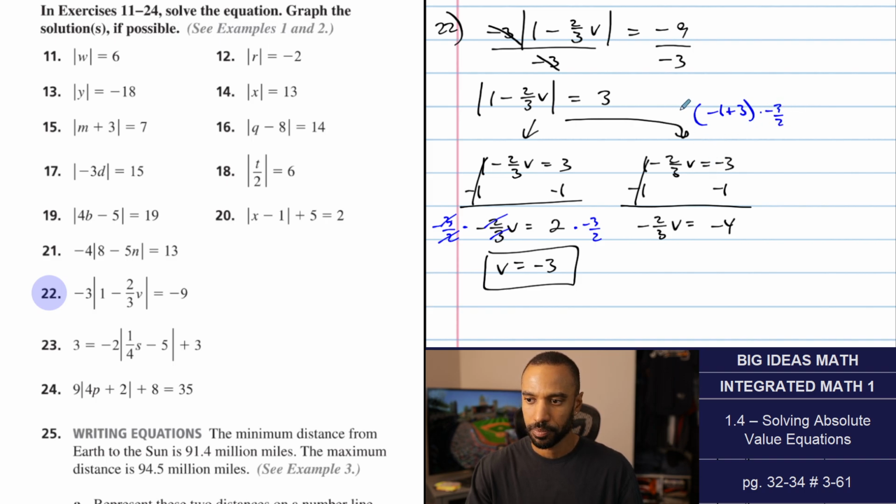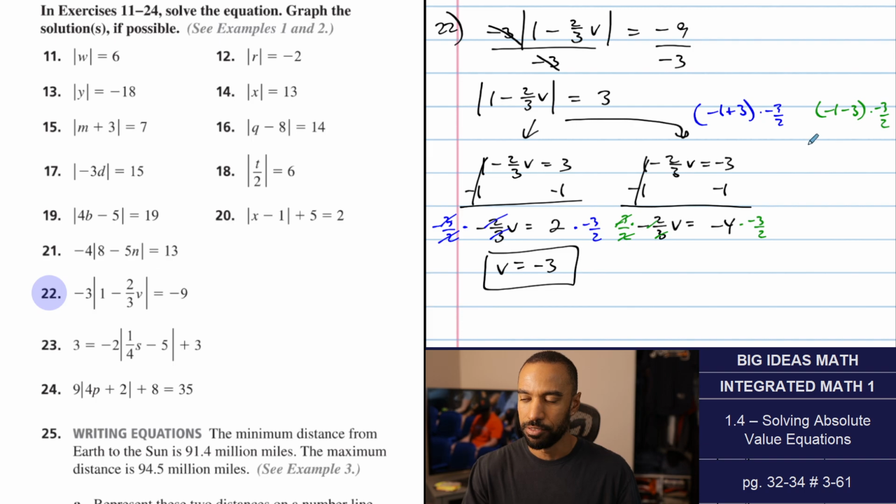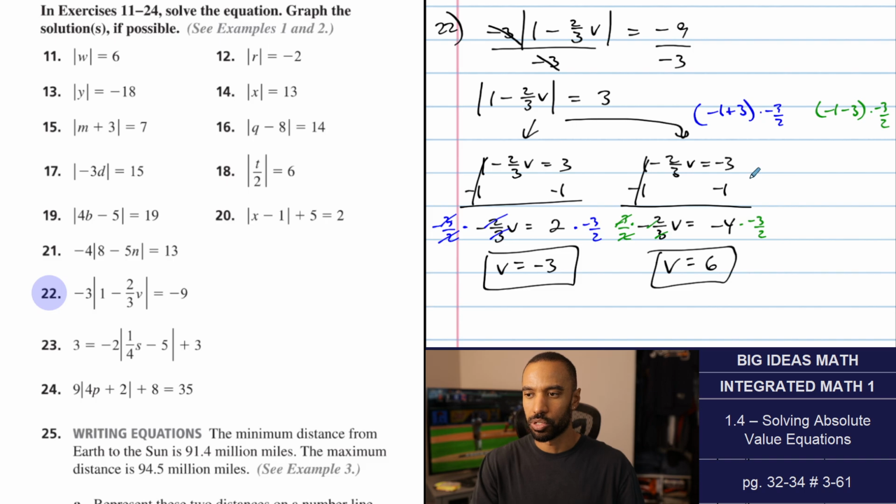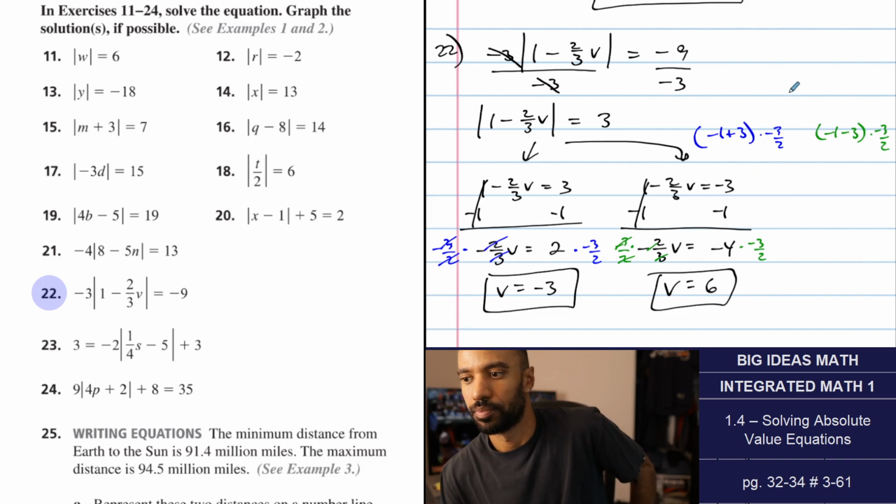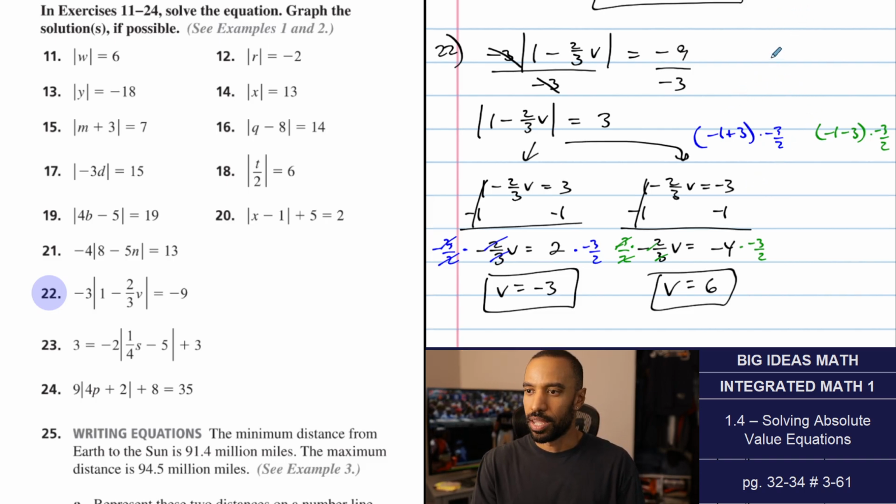A little weird. The other one was negative 1 minus 3, and that too is about to get multiplied by negative 3/2. So times negative 3 halves. So v here will equal negative 4 divided by 2, which is negative 2, times negative 3, which is positive 6. These are the two solutions for this. Okay, negative 3 and 6.